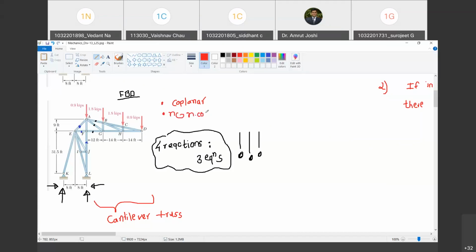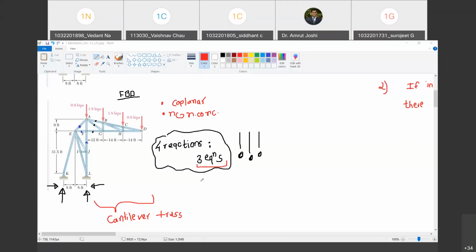Yes, sir. So for a coplanar and non-concurrent force system, how many equations do you have? Tell me. 3 equations of equilibrium. Do you agree with me? Yes, sir. So we now have 4 reactions and 3 equations of equilibrium. Are you with me? Yes, sir.